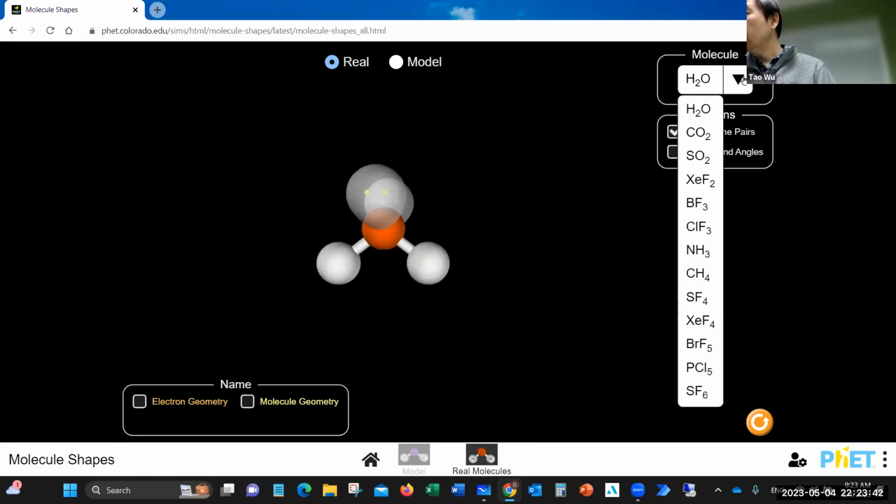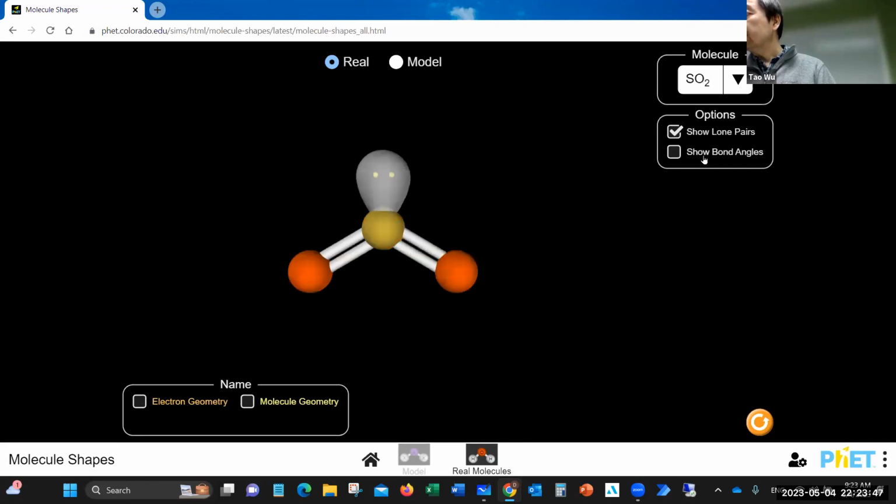We can see a real molecule. This is SO2. This one has two double bonds and one lone pair: two bonding domains and one lone pair. So the geometry for SO2 is a bent geometry, and the bond angle is a little bit smaller than it's supposed to be. Suppose we have 120, but this one is a little bit smaller than 120. Are you clear?